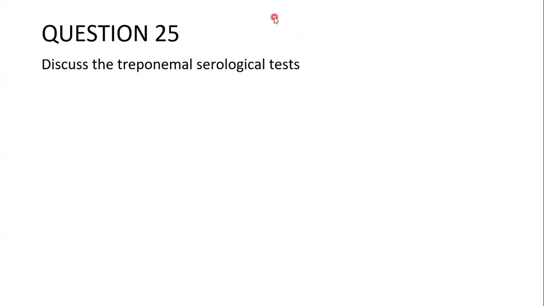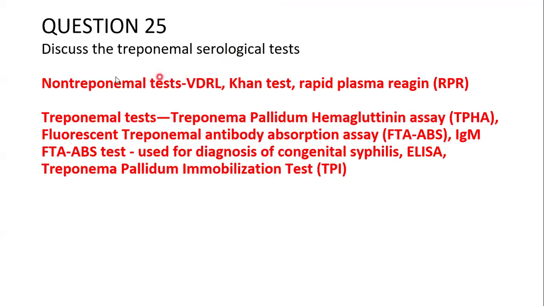So who wants to attempt? What are the treponemal? And remember, these are serological tests. So there's no PCR, dark field microscopy. Those are not serological tests. Okay, all right. So non-treponemal, we have VDRL, and rapid plasma reagent.